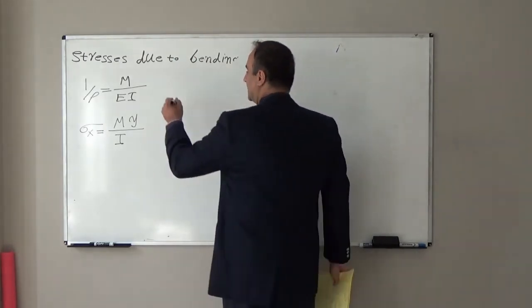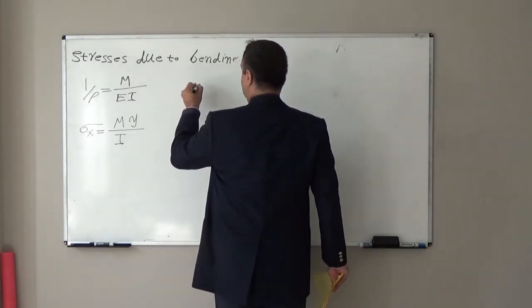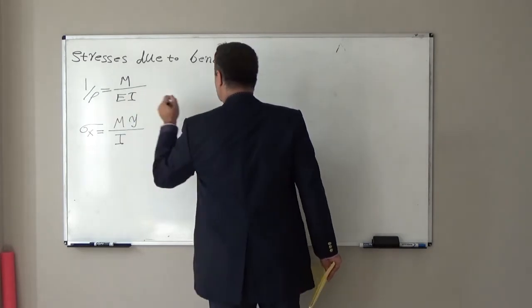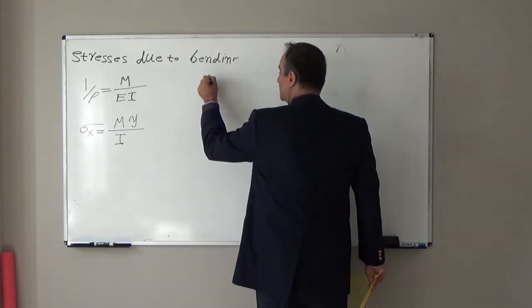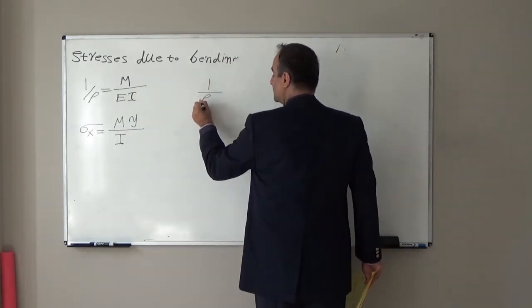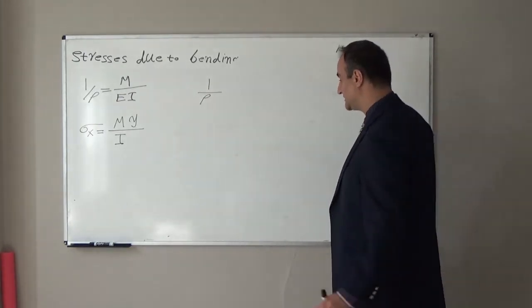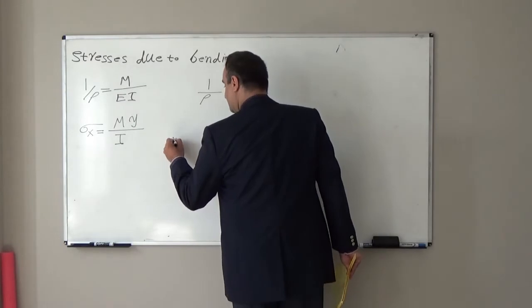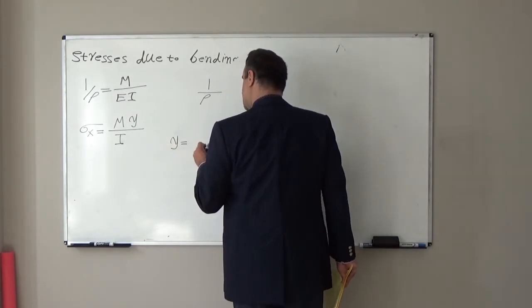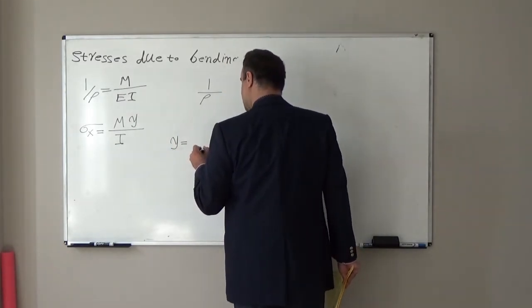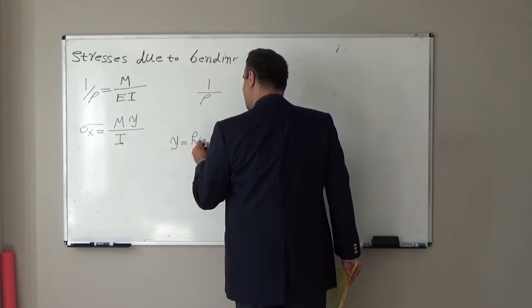On the other hand, from math, we know for one curve, 1 over rho, we call it curvature. And if we have one curve, the function for that curve, for example, y is equal to f(x).